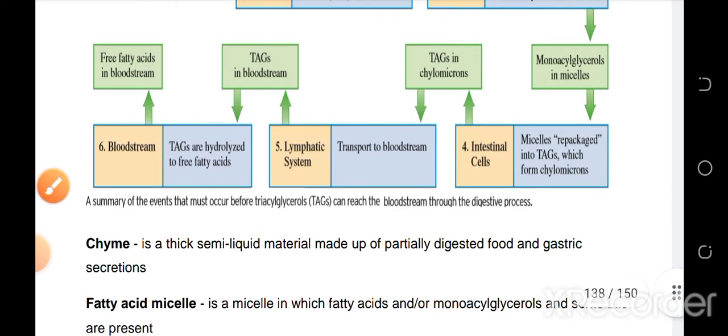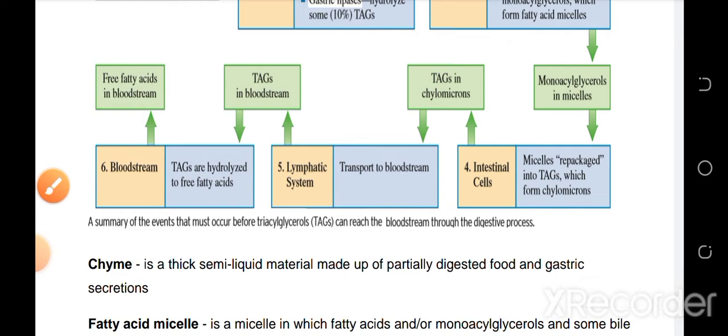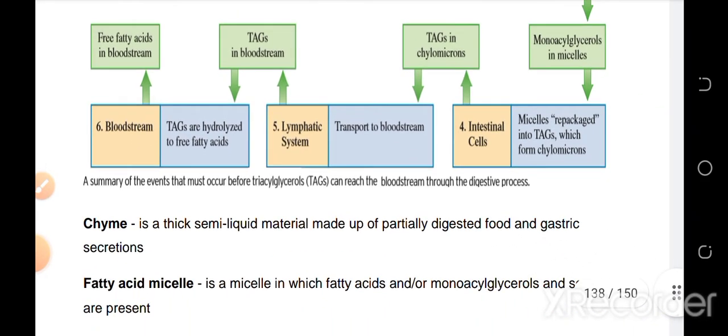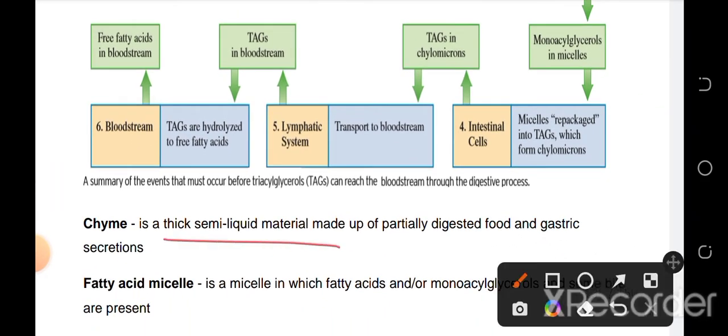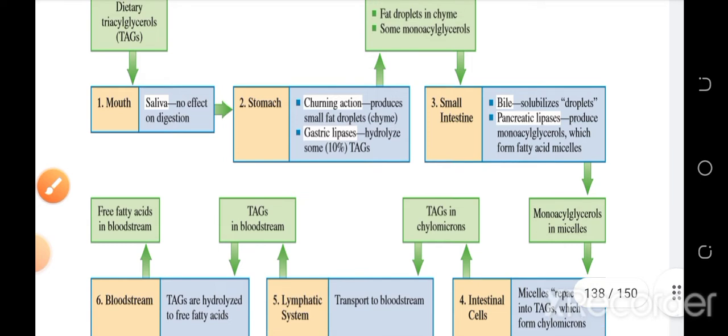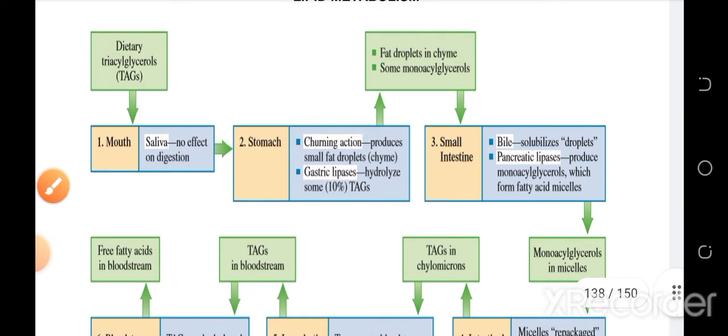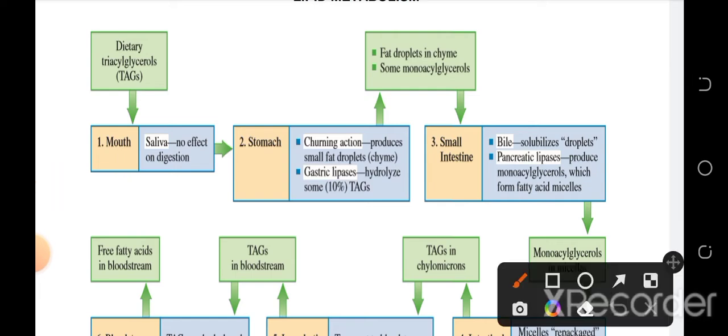Okay, so when we say chyme, it is a thick semi-liquid material made up of partially digested food and gastric secretions. Okay, so in the stomach, after all this churning action and gastric lipases action, ang papasok sa small intestine would be the fat droplets in chyme and some monoacylglycerol.